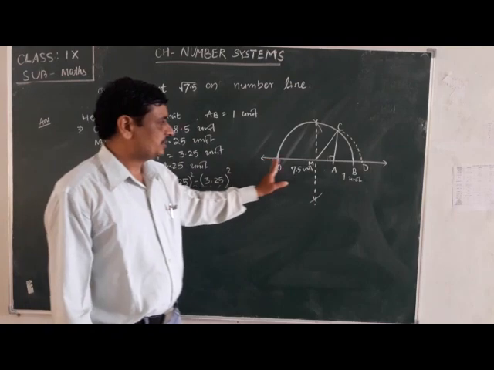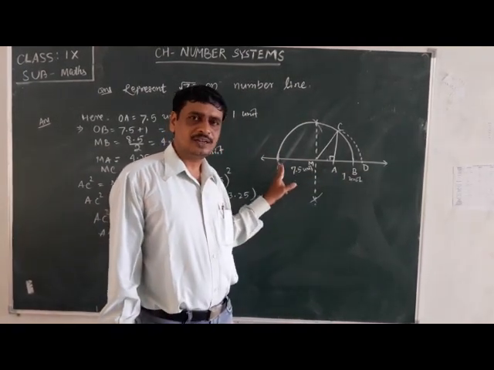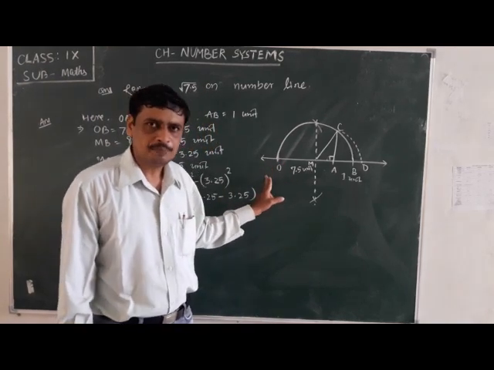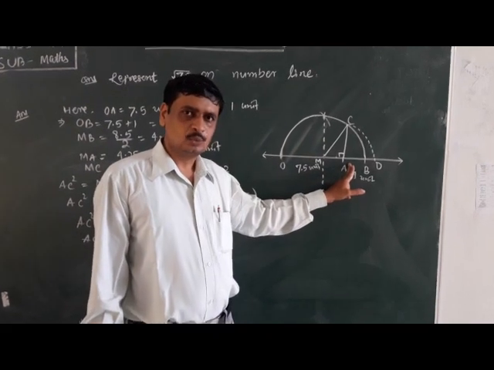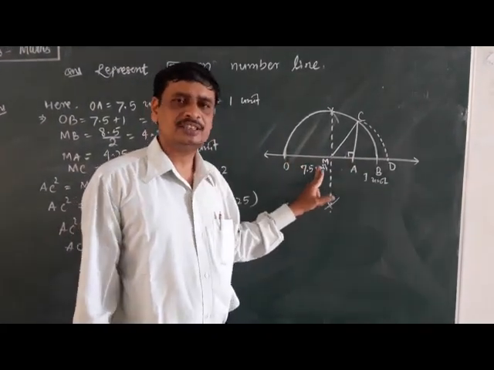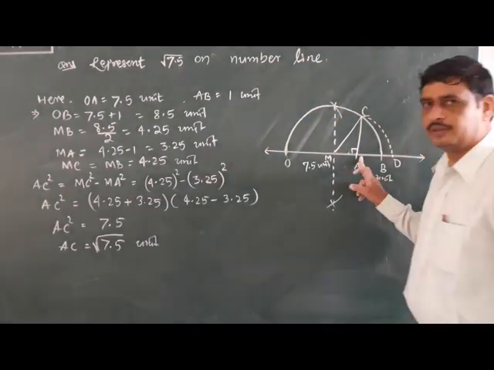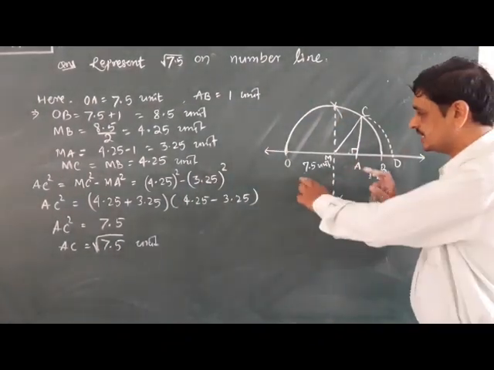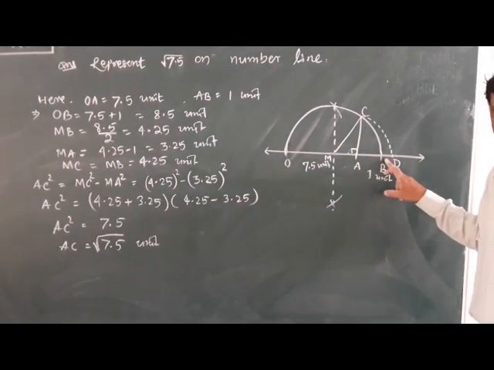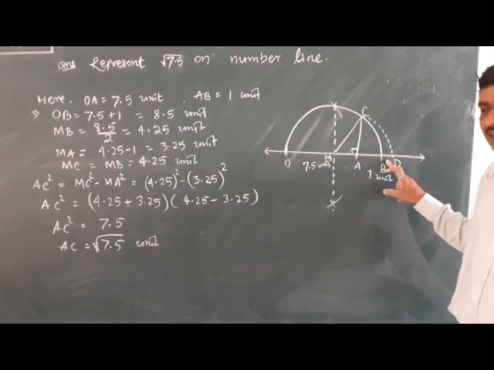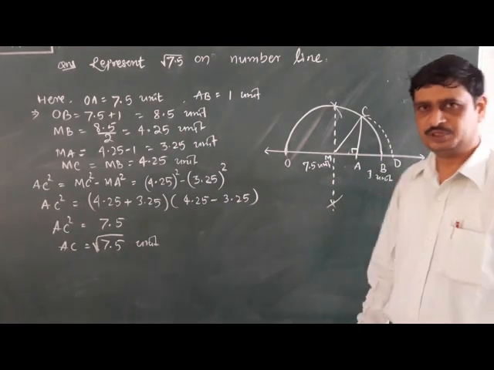First, on the number line, one point is marked and named as O. Then we have to mark another point with the length 7.5 unit. This line is marked with the length 7.5 unit. After it, another point B is marked, where this AB is of length 1 unit.